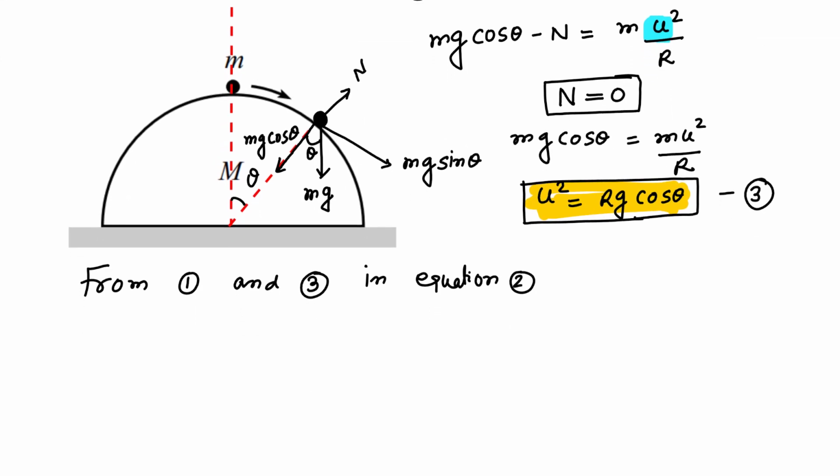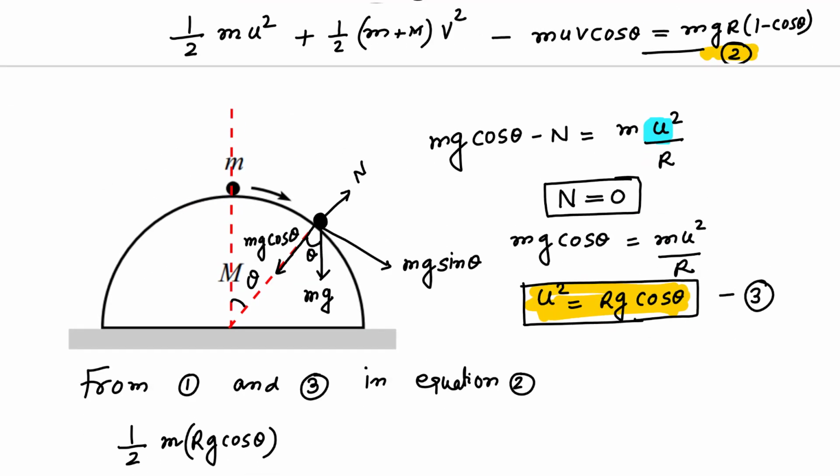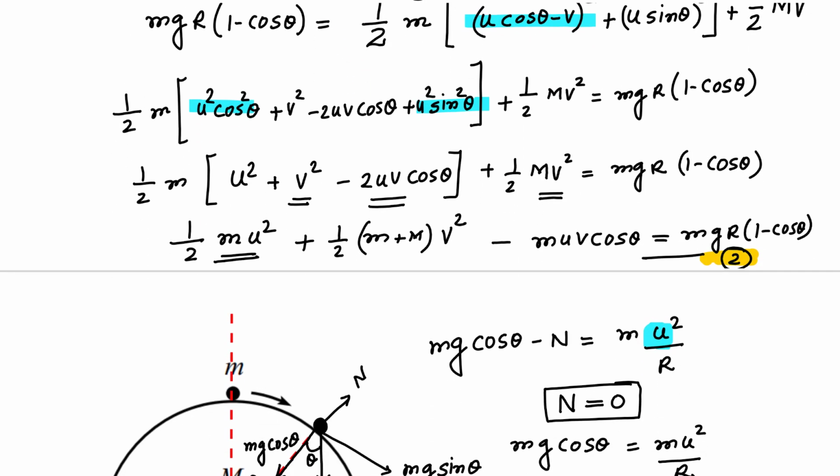If you plug this, you will have half m rg cos theta. You see what you have? You have half mu square, and u square is nothing but rg cos theta, plus half small m plus capital M v square. And v square was what? We already calculated v square. You see here, v is m by m plus M u cos theta.